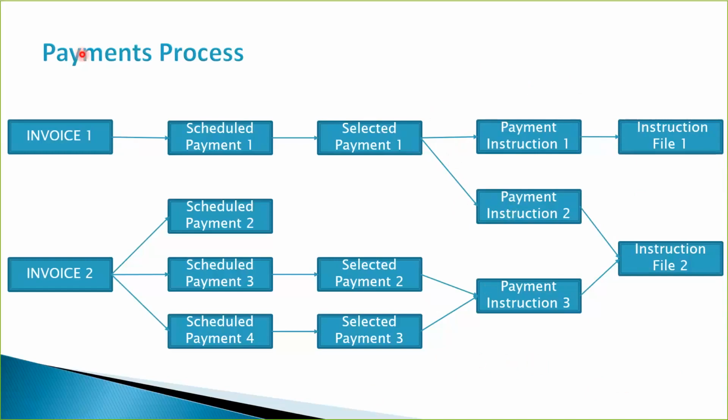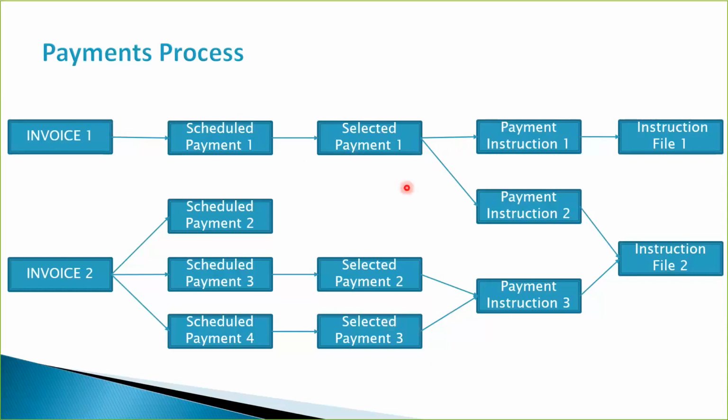And here, which basically involves invoice entry, validation, selection, and approval. This part is handled by AP. The other thing to note is the number relations between each of these segments.